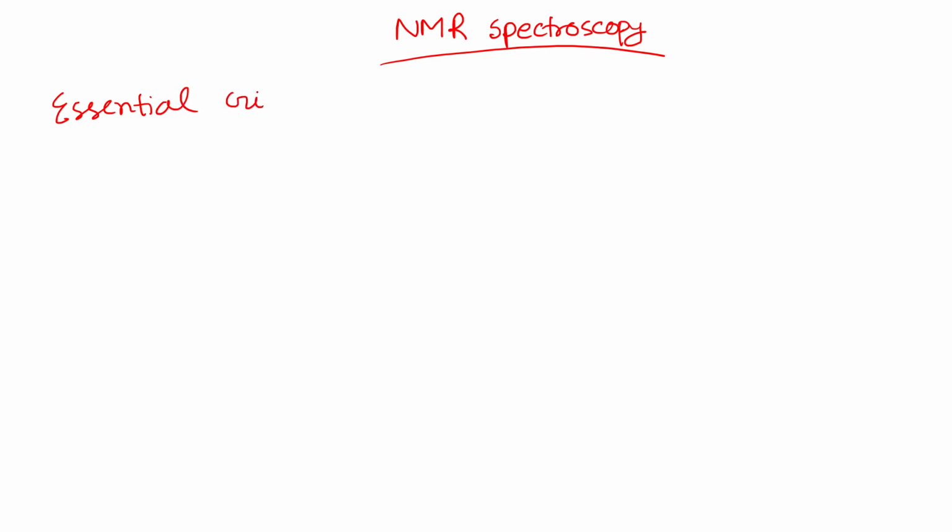The essential criterion for NMR spectroscopy is that the nuclear spin I should not be equal to 0.